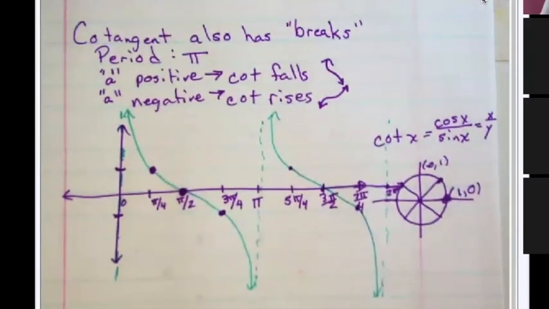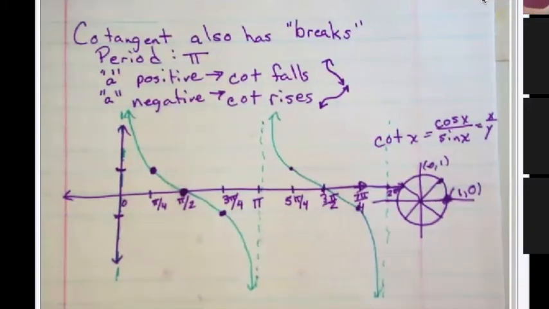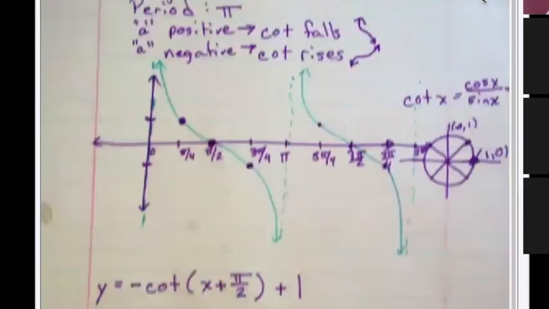Okay, so let's do an example. What if we have y is equal to negative cotangent of x plus pi over 2, plus 1. So let's look at that as an example of cotangent.